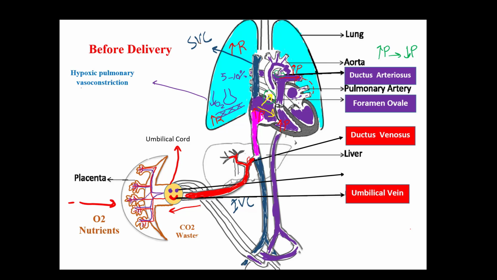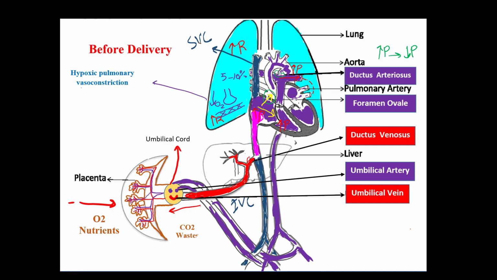Internal iliac has a lot of branches. Branches supply the pelvis, buttock, bladder, and the important branch over here, the umbilical artery. The umbilical artery we can see here in the umbilical cord as the smile face eyes.